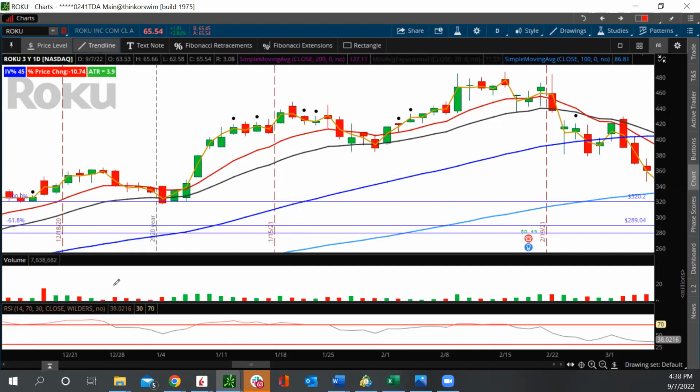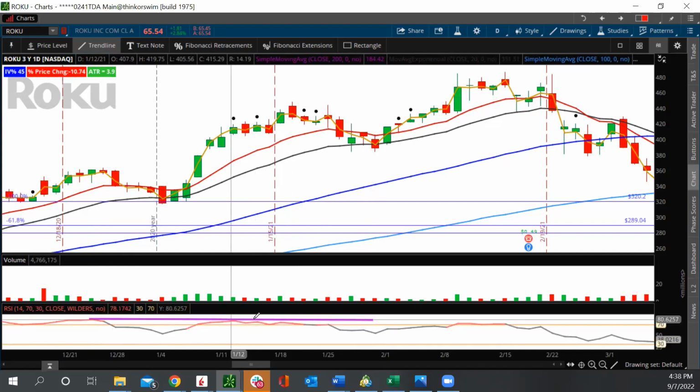If you do a trend line here, go from the high of this level of the RSI, right, and you go over, might be hard to see, but that is actually slightly down.